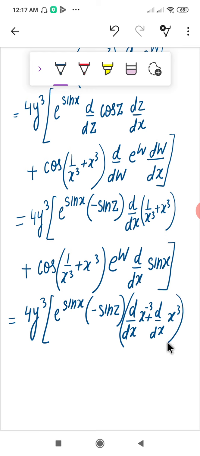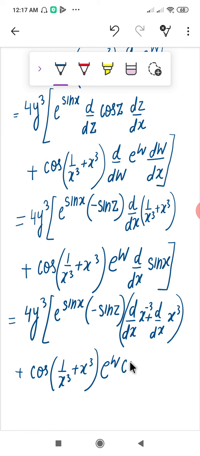Close the bracket. And cos 1 upon x cube plus x cube e to the power w, and d by dx of sin x is simply cos x.